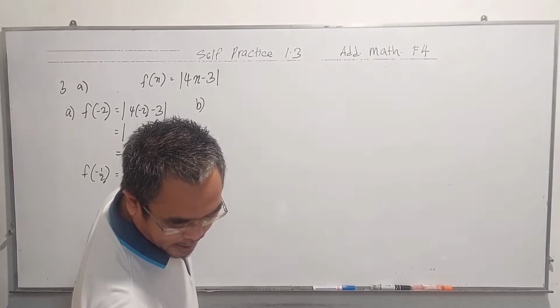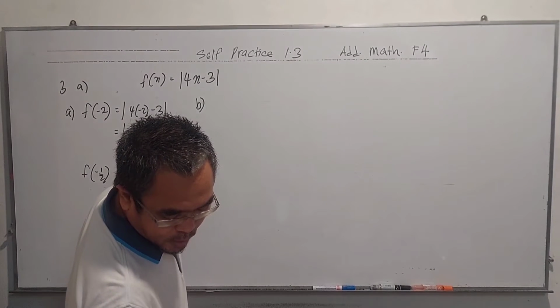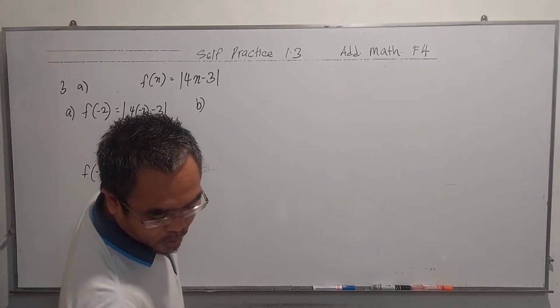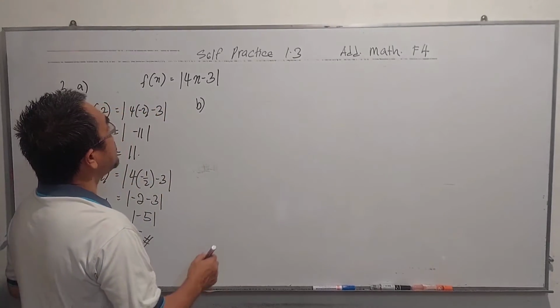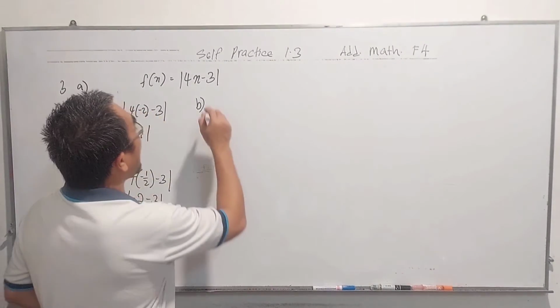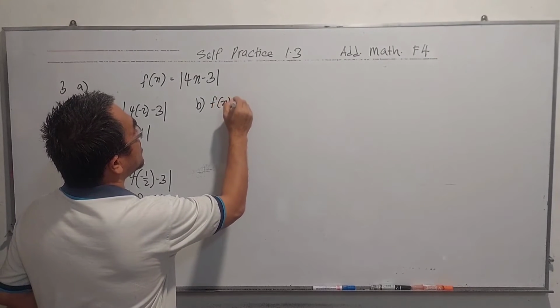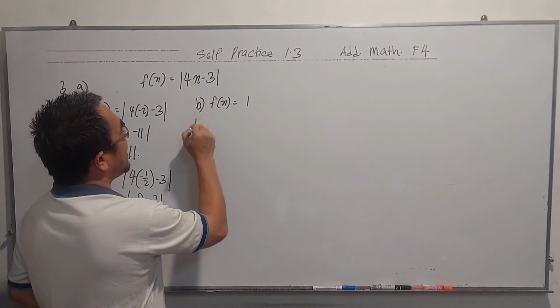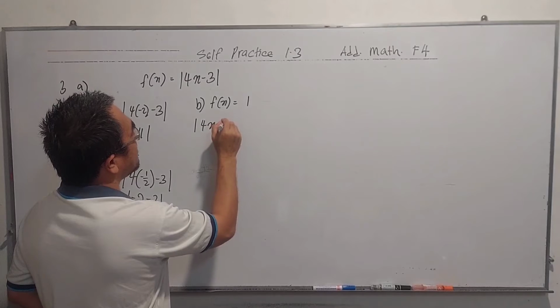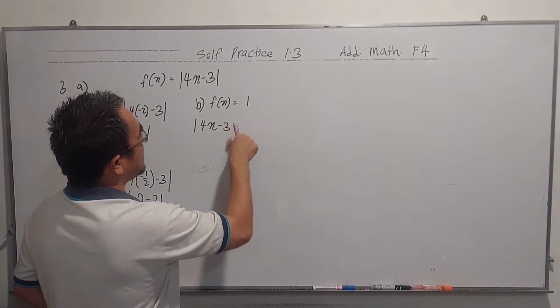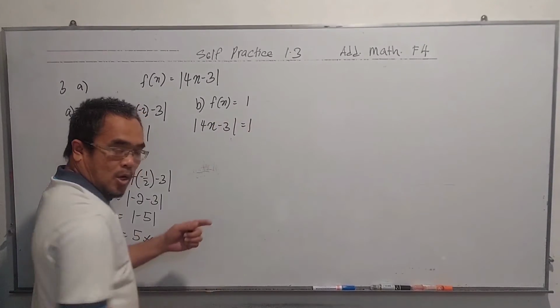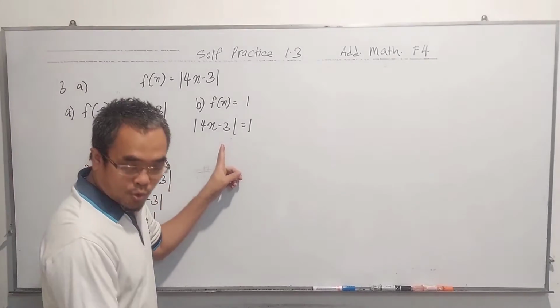That is f(x) equals 1. B is also new to you. When we say f(x) equals 1, you have to take the function, 4x minus 3 modulus equals 1. Okay, so look at how I'm going to solve this.